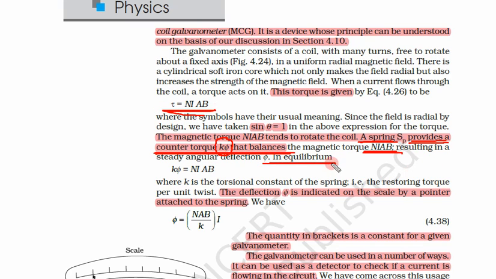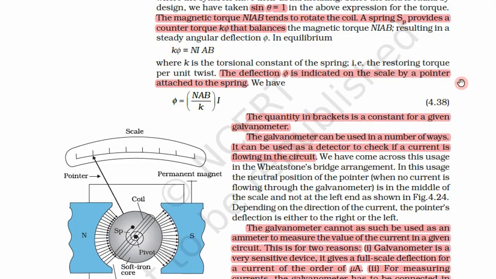So, in the equilibrium condition, this K phi torque by the spring must be equal to the torque due to the magnetic field. So, the magnetic torque and the torque by the spring balance each other, where K is the torsional constant of the spring, that is, the restoring torque per unit twist.